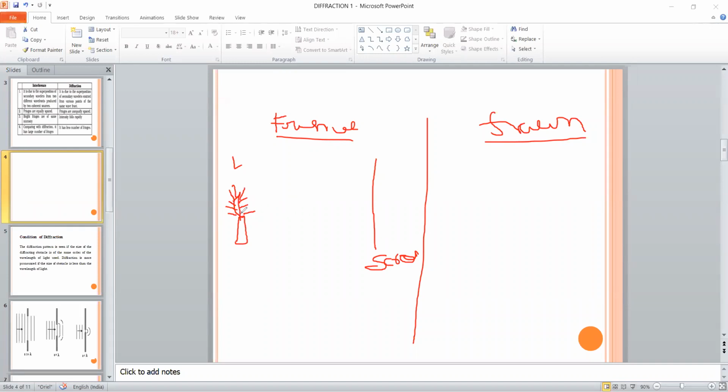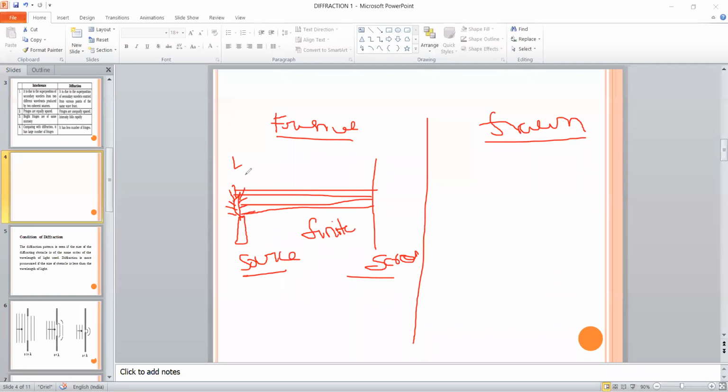Now, these light rays are incident on this screen like this. Here we don't use any lens to convert the light into a parallel beam of rays. And this is the light source. That means source and screen are at a finite distance. Okay.